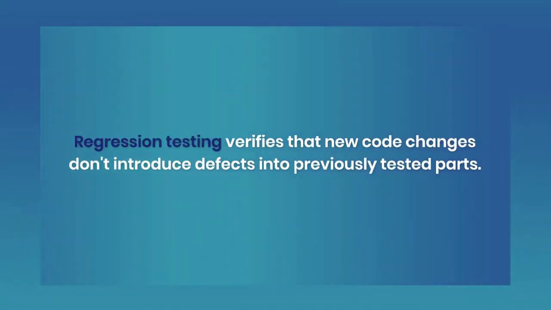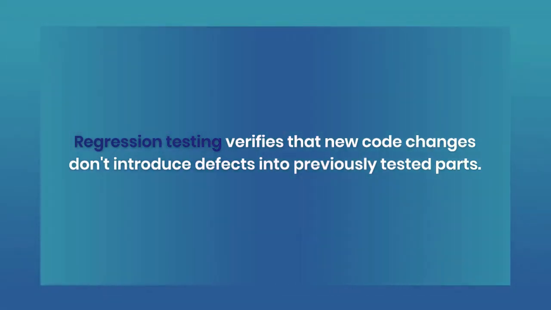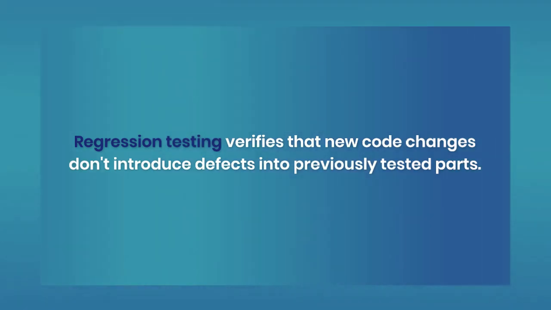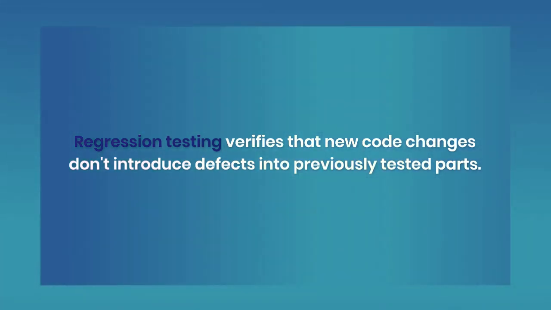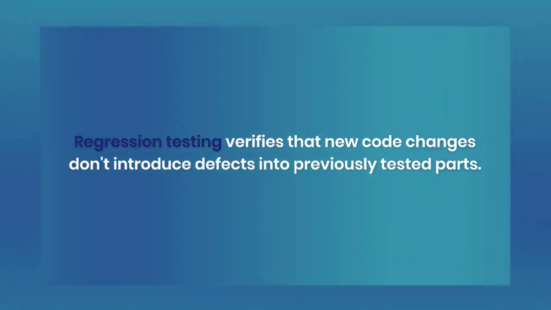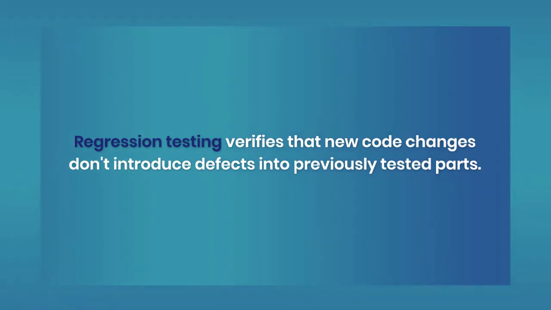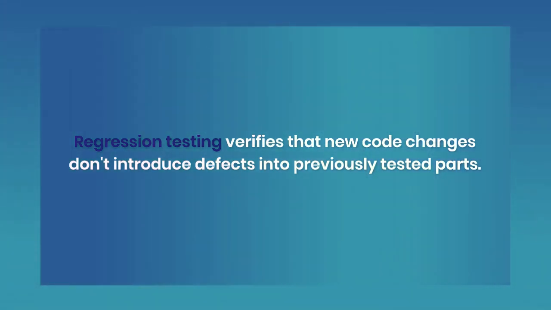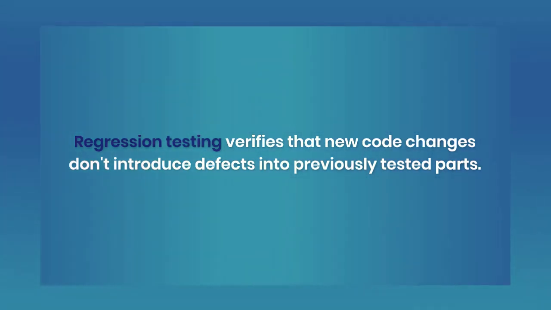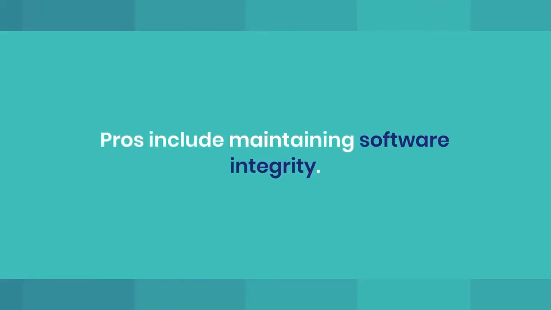Next is regression testing. Regression testing, as everyone knows, verifies that new code changes don't introduce defects into previously tested parts. If we have tested all the parts previously, then we can test them again in regression testing. There is no impact of the new code on previous test cases, and all the previous test cases run smoothly and give consistent results.